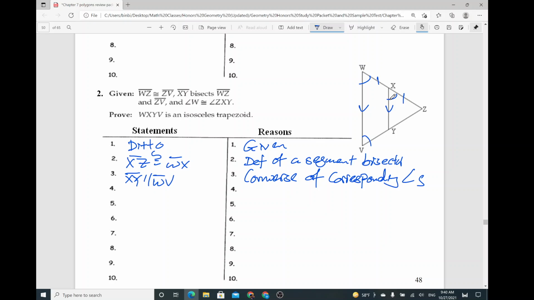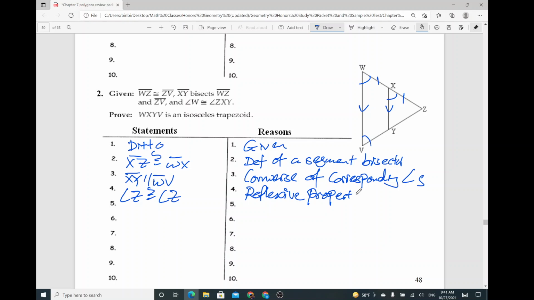And now another thing that we can state here, the angle. Okay, so angle Z is congruent to angle Z. This one is by using the reflexive property of equality.